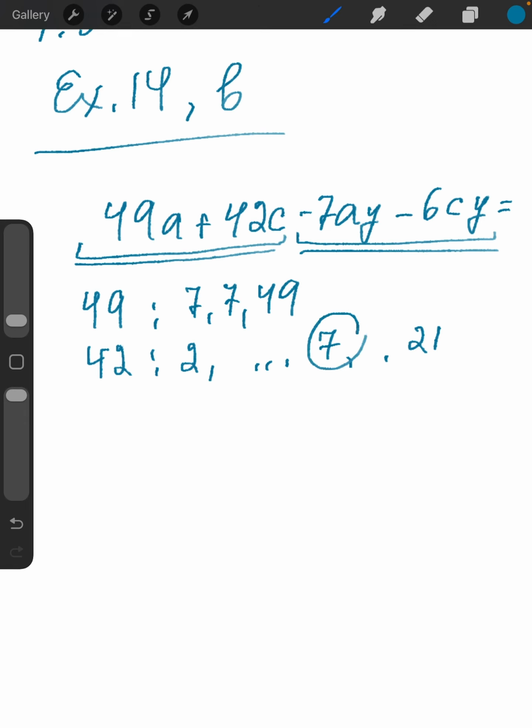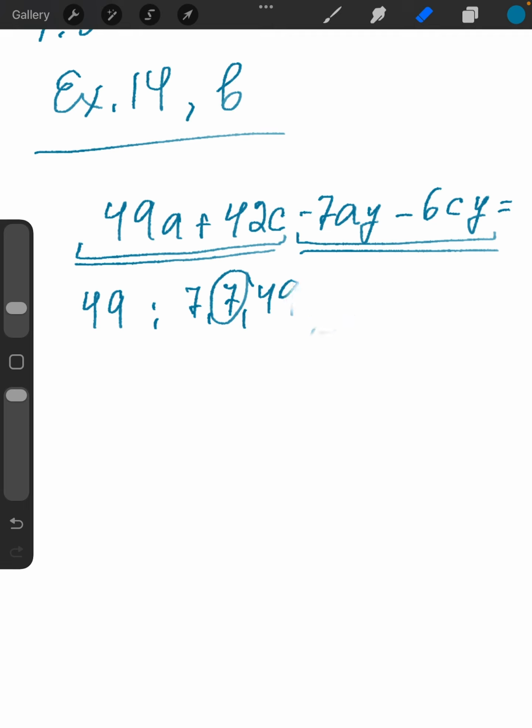So just trust me that the greatest common factor between these two is 7. So 7 it is.